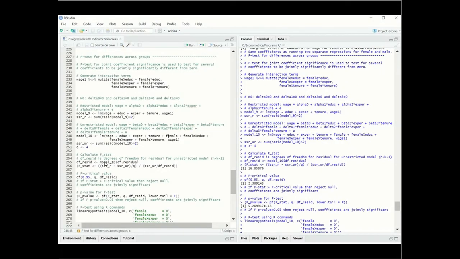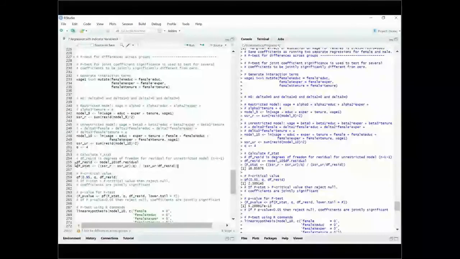To calculate the F statistic, we would be using this formula that we have here, which is the SSR, the sum of squared residuals for the restricted model, minus the sum of squared residuals for the unrestricted model, divided by the number of restrictions, over the sum of squared residuals for the unrestricted model divided by the degrees of freedom on the residual.